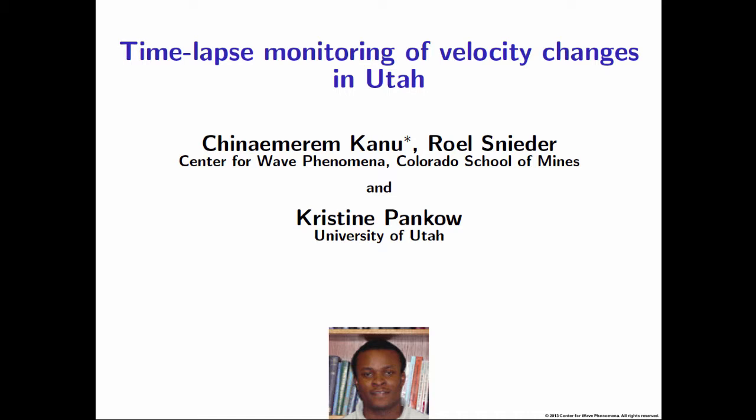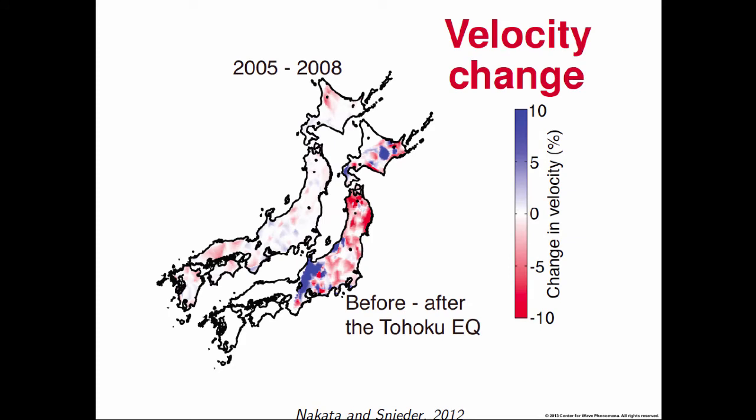Before I start my talk, I would like to remind us of a result that we saw last year from one of our fellow CWP students, Nuri. Well, actually, he's a doc now. What they did in their study was to monitor near-surface velocity changes, annual velocity changes, across the whole of Japan for a number of years.